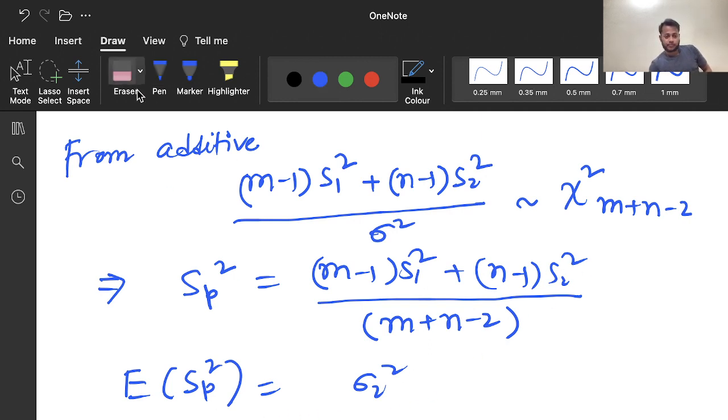Then m minus 1 plus n minus 1 cancels up and down, so the expectation of sp square equals sigma square.